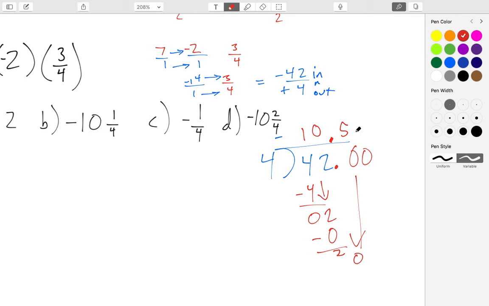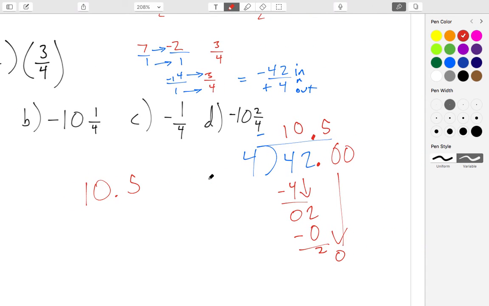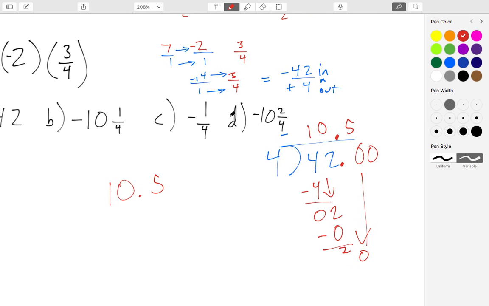So if it was 10 and a half, what's the remainder? So how do I change 0.5 into one of these fractions? One half. Okay, so look, if I have the decimal here, how do I change this 0.5 into a fraction? Jonathan.